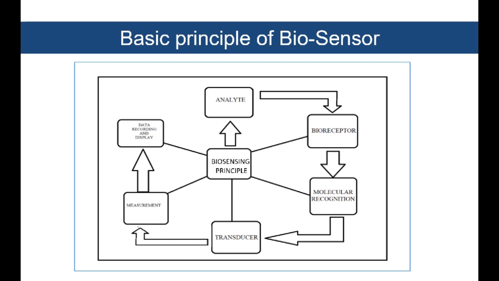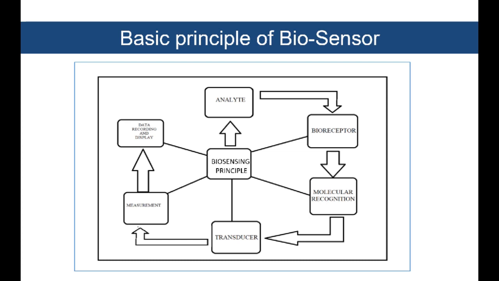Further, that is transferred to the measurement section, that is the processor, to measure it, to amplify it, and to filter it, so that we can clearly understand which type of signal we are getting and how that signal is.